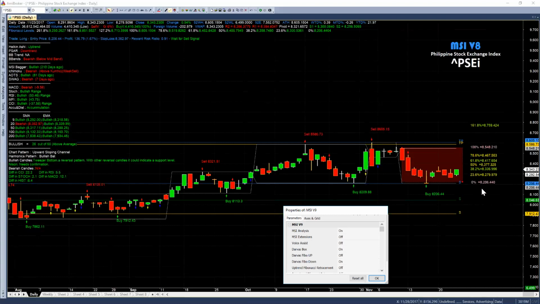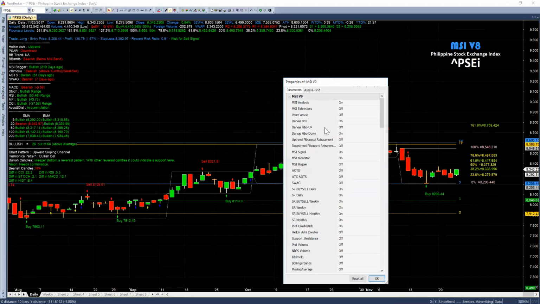And every time nagbe-break down, mas humihina yung trend niya. Okay, so we can delete this by clicking on the indicator and then just press delete. Okay, so that's how you use your Darvas box and your Fibonacci with the Darvas.